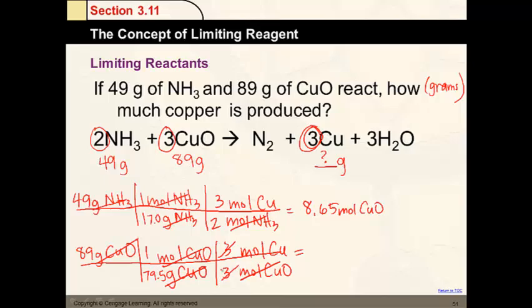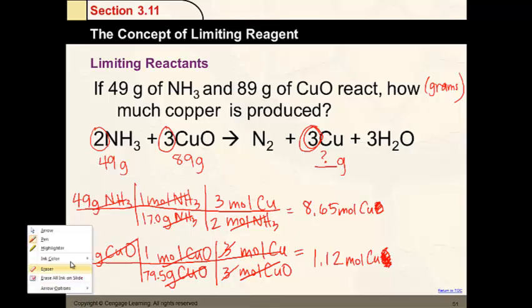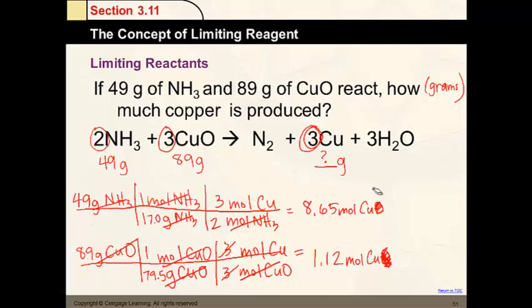So in the bottom it's 89 divided by 79.5, and this would make 1.12 moles of copper. Oh, I'm sorry, that's not the correct label. This would be copper here and just copper here. Maybe I can erase that. There we go.